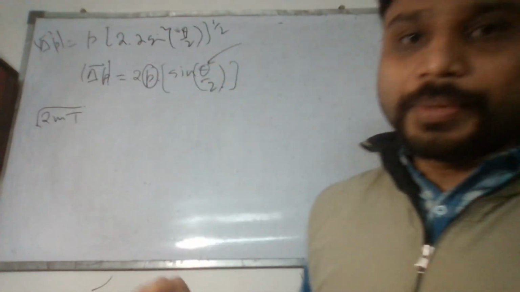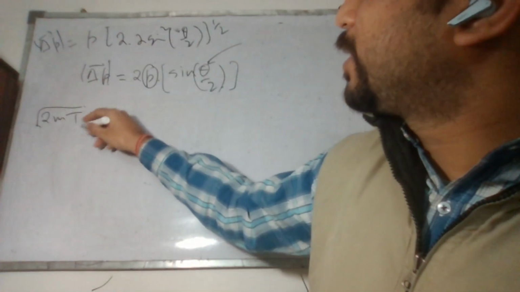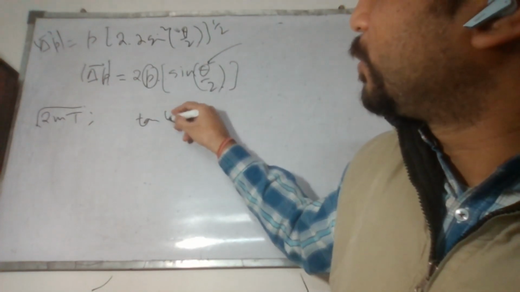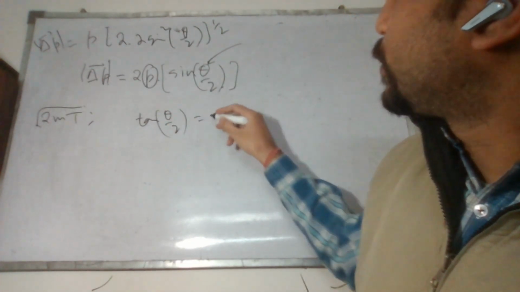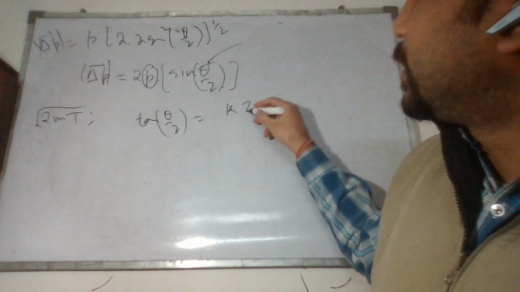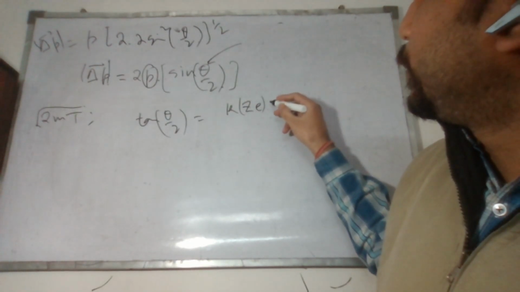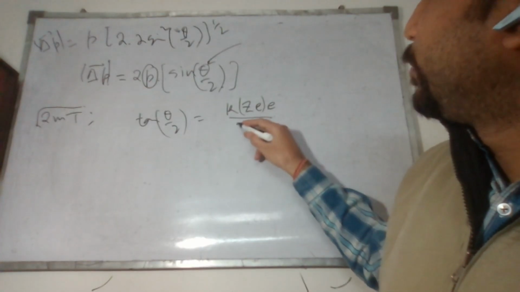What about sin theta by 2? We know tan theta by 2, that is the deflection, is equal to KZe into e divided by 2bT.